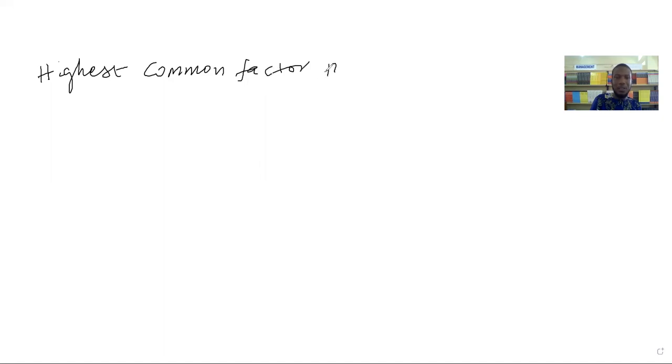Highest common factor, H.C.F. It is also called greatest common divisor.